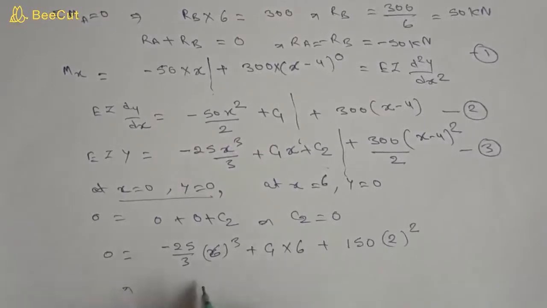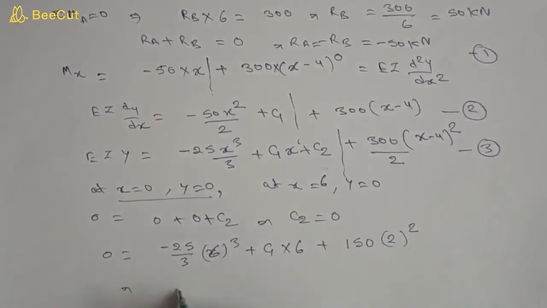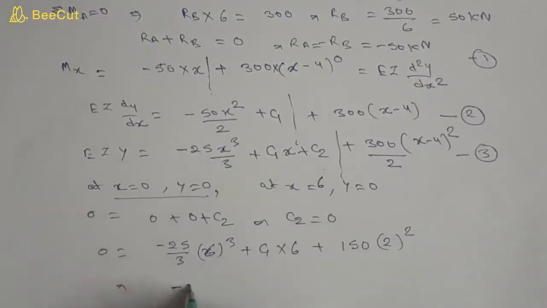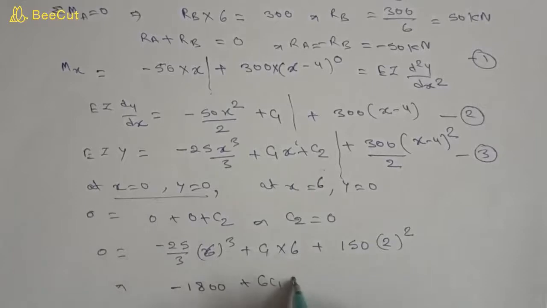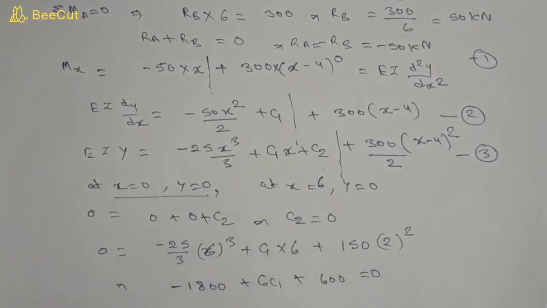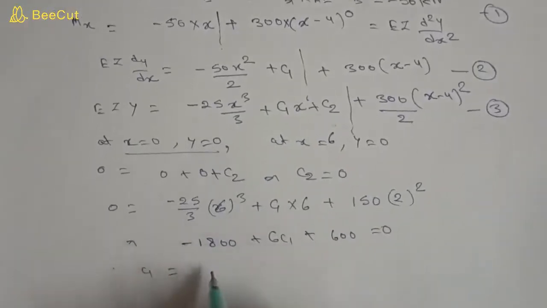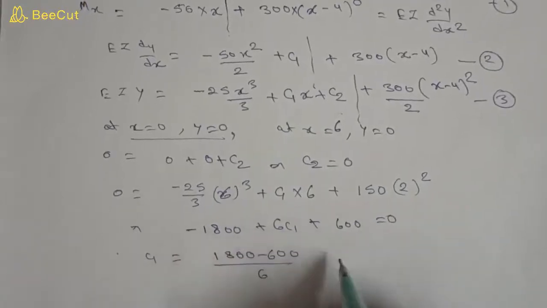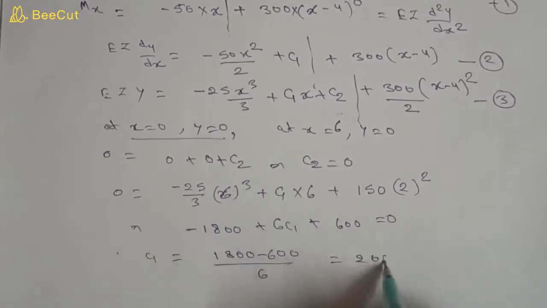So we will get minus 1800 plus 6c1 plus 600 is equal to 0. So c1 will become (1800 minus 600) divided by 6, so it will become 200.